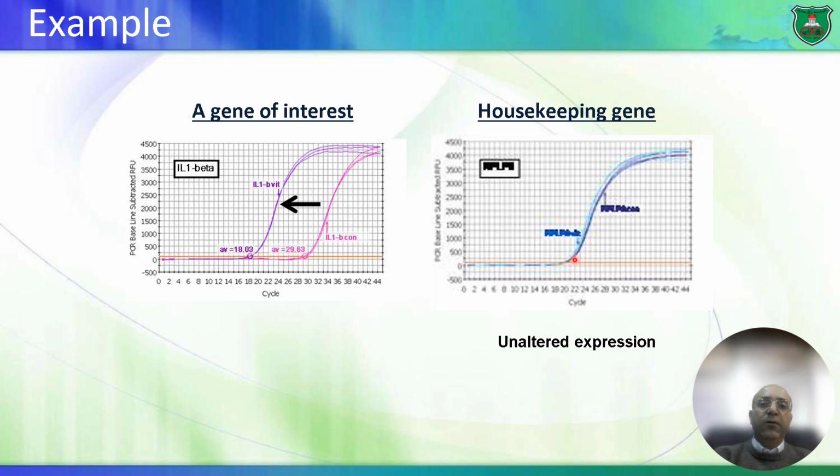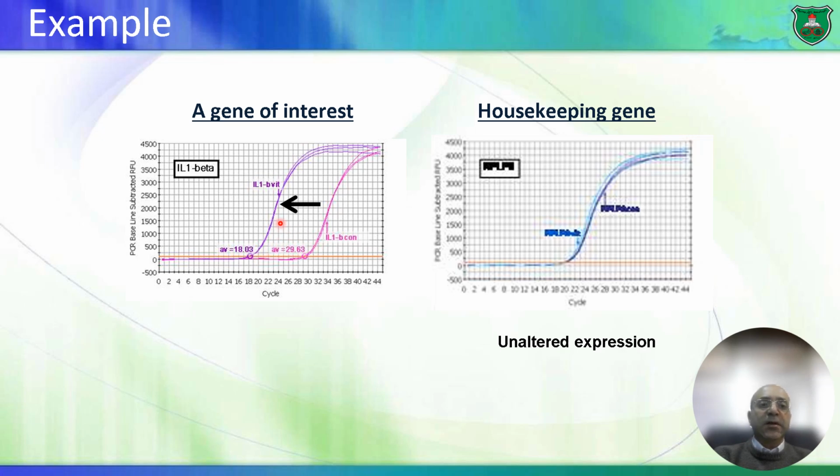So a housekeeping gene right here for two samples, dark blue and light blue, indicates that the cycle, the CT, the threshold cycle, is exactly the same. So we're using equal quantities of total RNA in these two samples. But then when we looked at the gene of interest, we notice that the signal is detected in this sample at an earlier cycle compared to this sample.